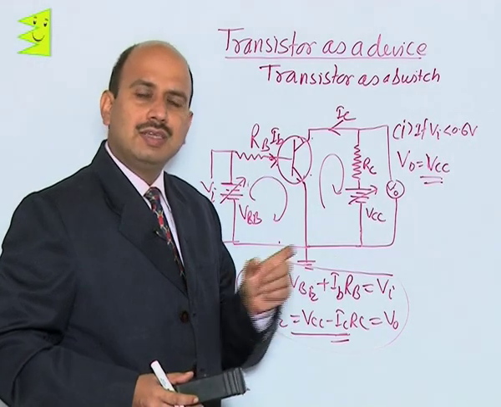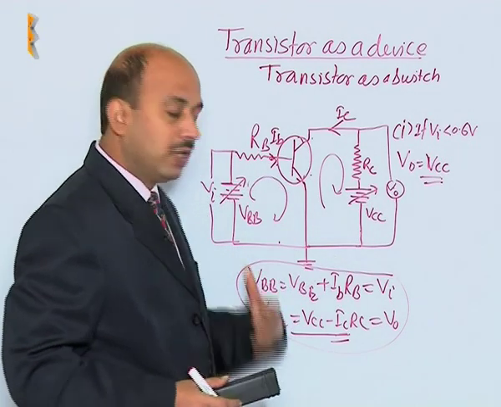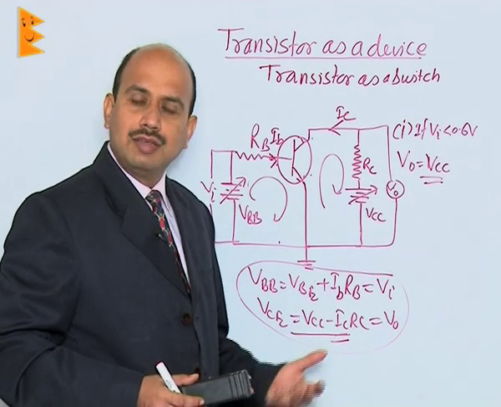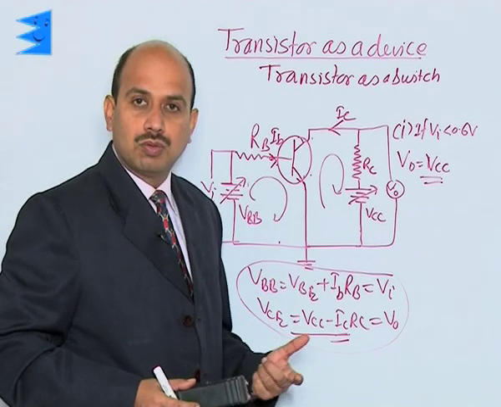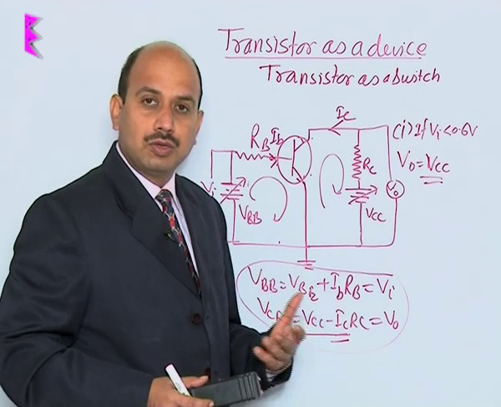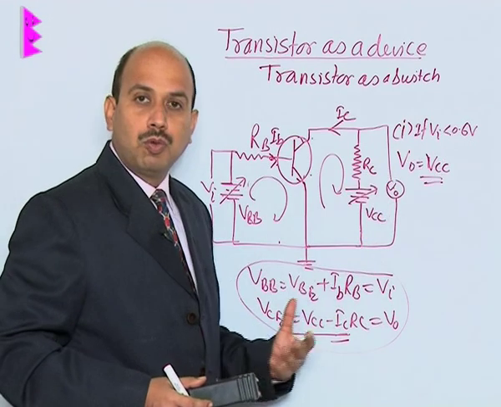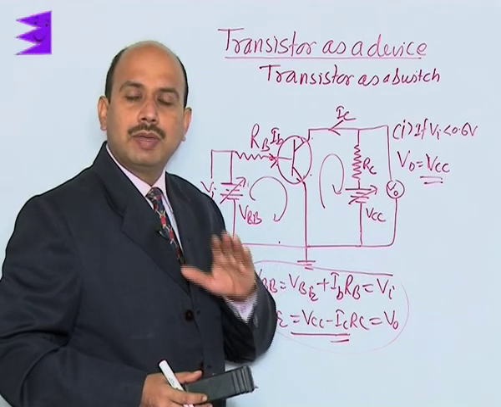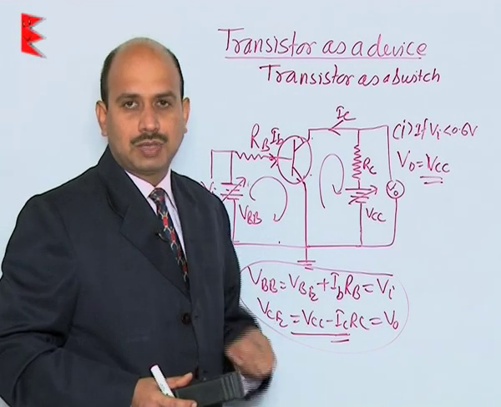For a certain range it decreases linearly, and after that, if you keep on increasing the input voltage, you will find more and more increase in IE and IC, but the output voltage keeps on decreasing, but it will never be 0. After some time, when you take a very high input voltage, the output voltage becomes a certain value and it becomes almost constant. That is called the saturation region of the transistor.